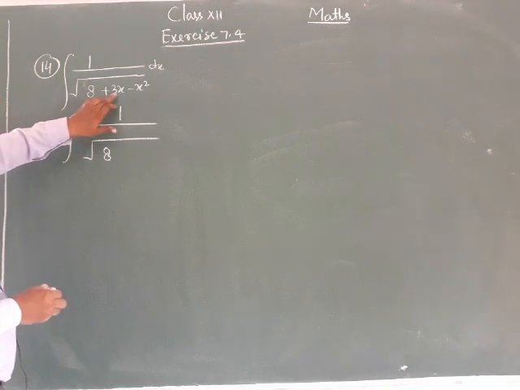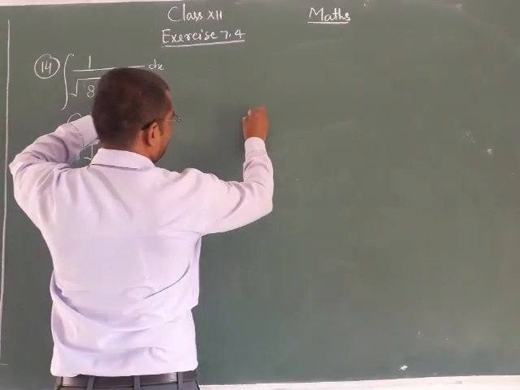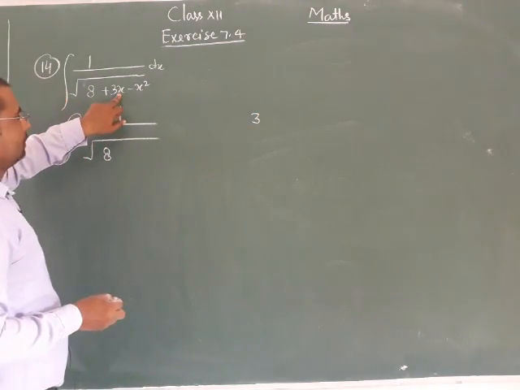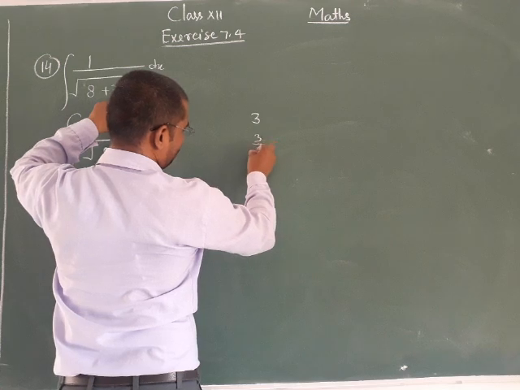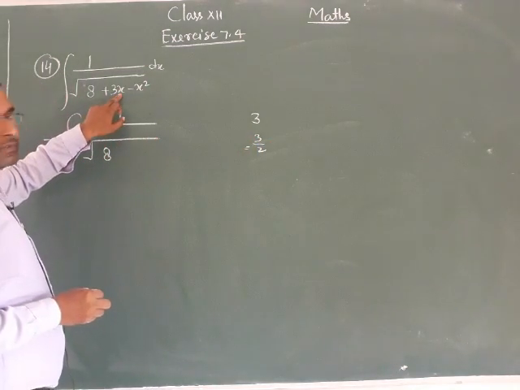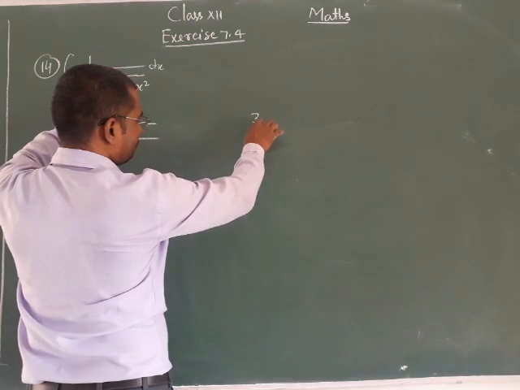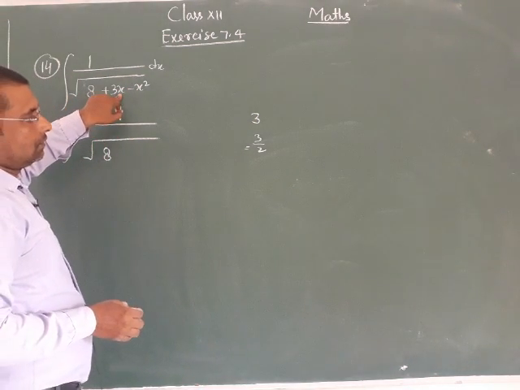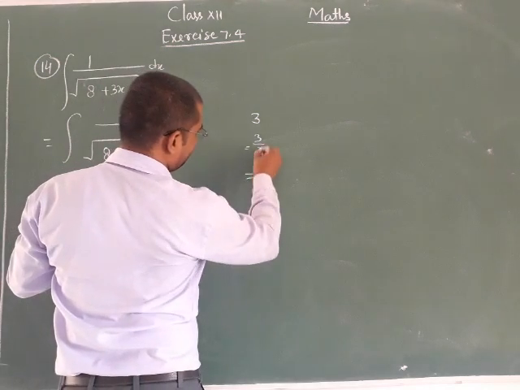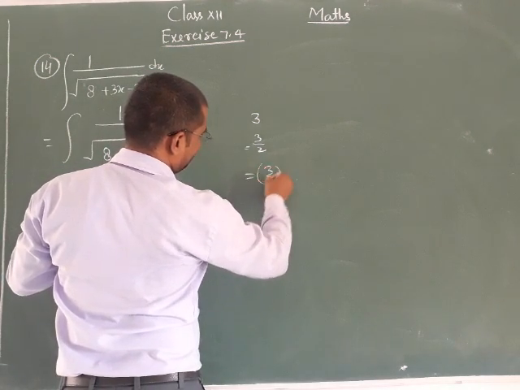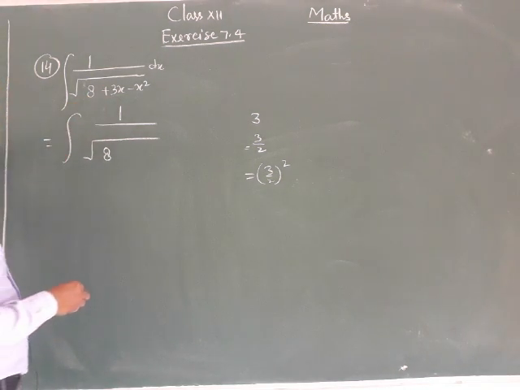Taking the coefficient of x, we get 3, so its half is 3 by 2, and squaring, 3 by 2 square, adding and subtracting in this place.